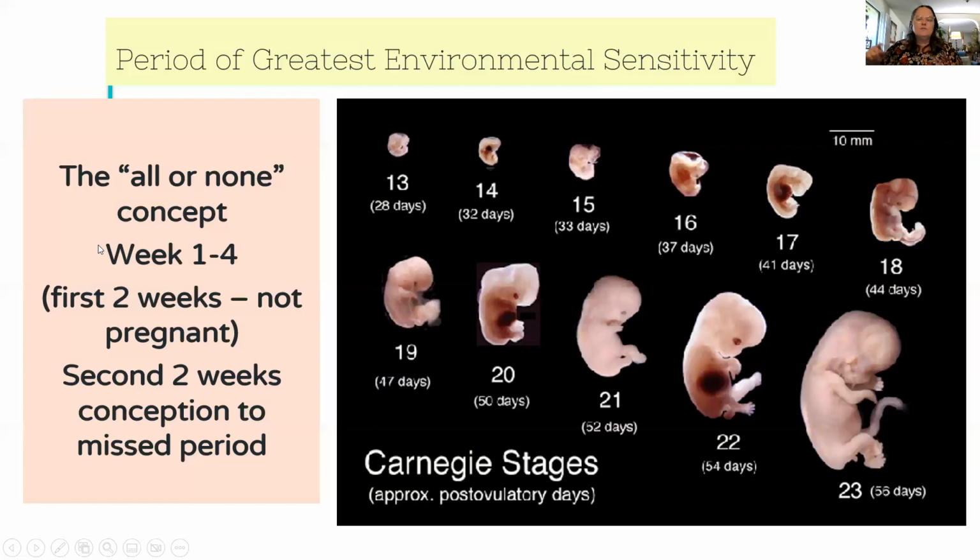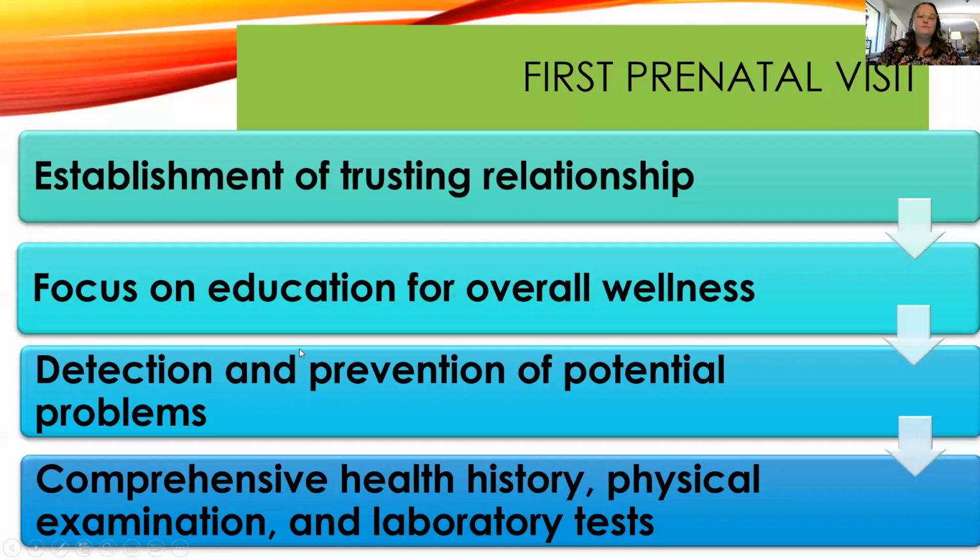And I'm not going to go too deeply into why this is. We just know that sometimes women didn't know that they were pregnant and maybe weren't acting like they were already pregnant and are exposed to something, and it will either have no effect at all or a catastrophic effect. And that's one of the things that we as nurses, when we're giving good education, can reassure them that it doesn't necessarily mean that it was all terrible.